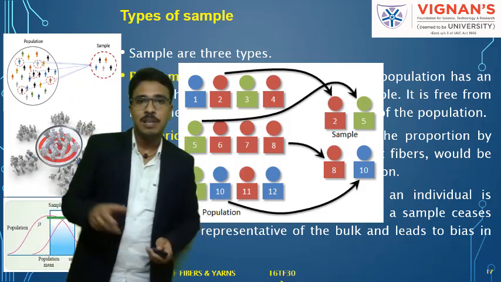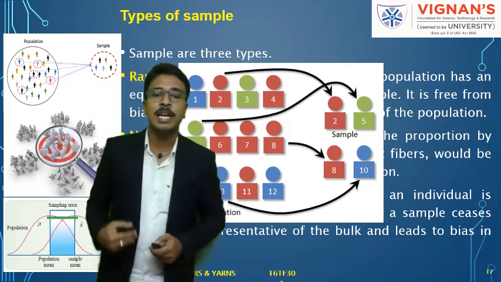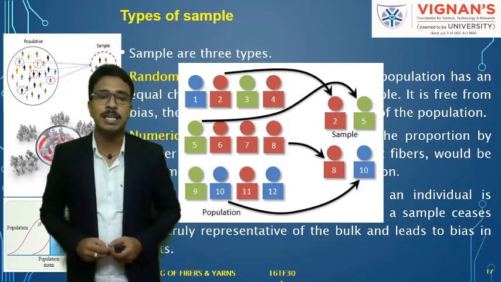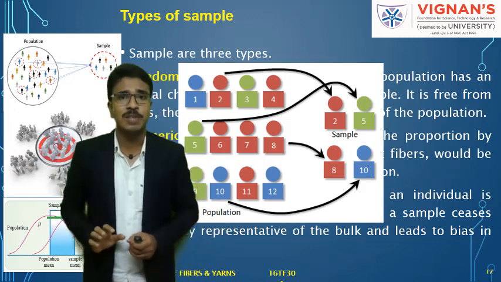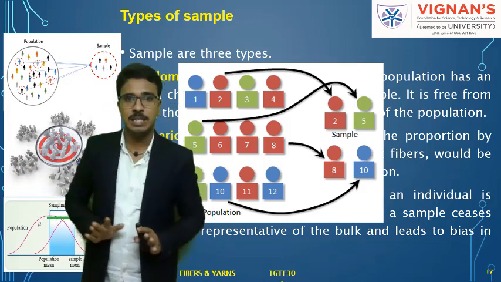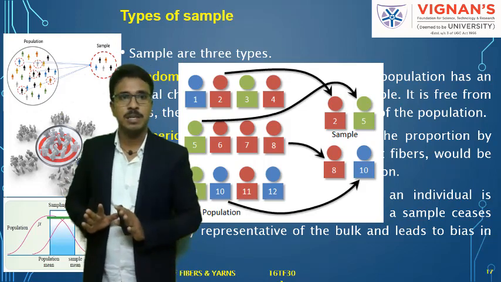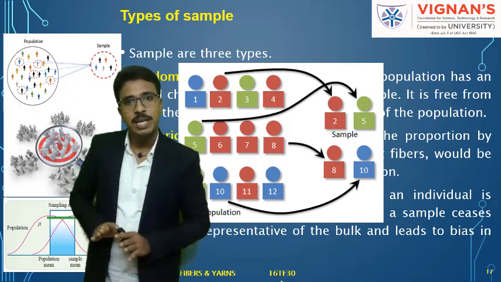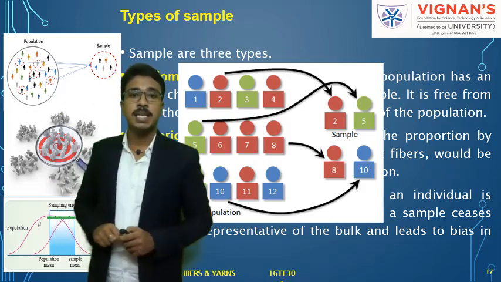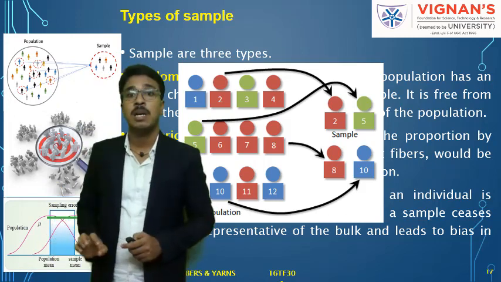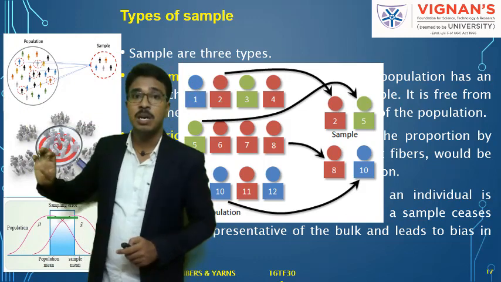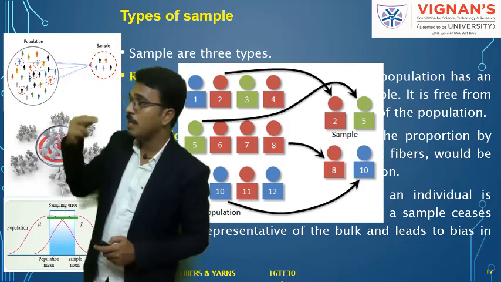If you relate this to practical applications, suppose you have 1000 kgs of yarn placed like this, and you take the samples from the bottom only, or from the top portion only, or from the cones that are looking good.